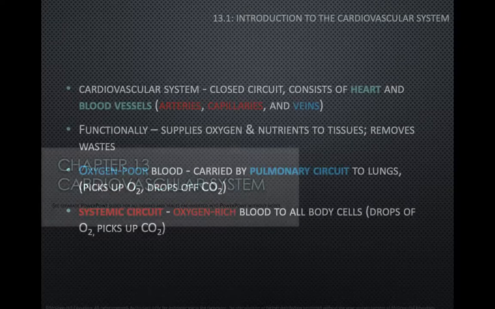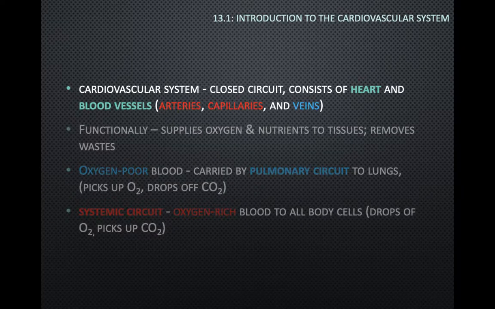Okay, here we go. So looking at the cardiovascular system, it's considered a closed circuit because it loops. So it's not open in any areas to the rest of the body, but it's a closed loop that contains everything within the blood vessels. It consists of the heart and the blood vessels.